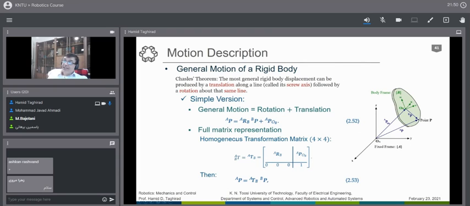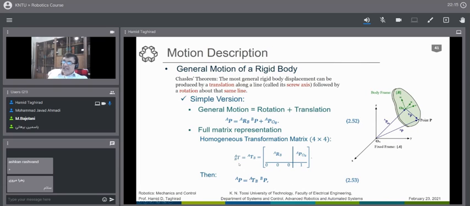Instead of using a vector space here, we can have a simple homogeneous transformation for this system. So P_B can be represented from frame B to frame A with a homogeneous transformation matrix, which is defined in this case.